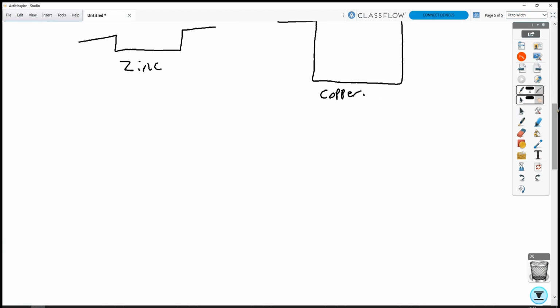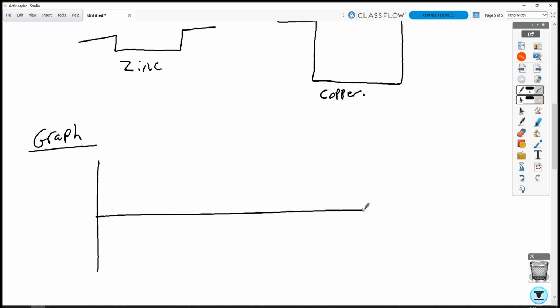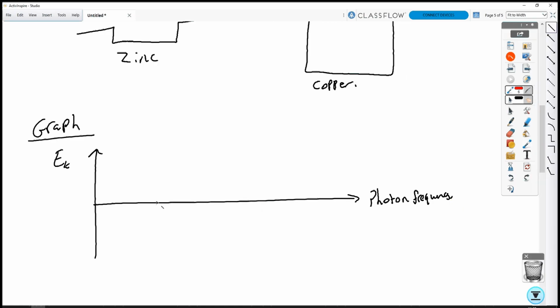If we plot this on a graph, where we put the kinetic energy on the y-axis and the photon frequency on the x-axis, we might get a line that looks like this.